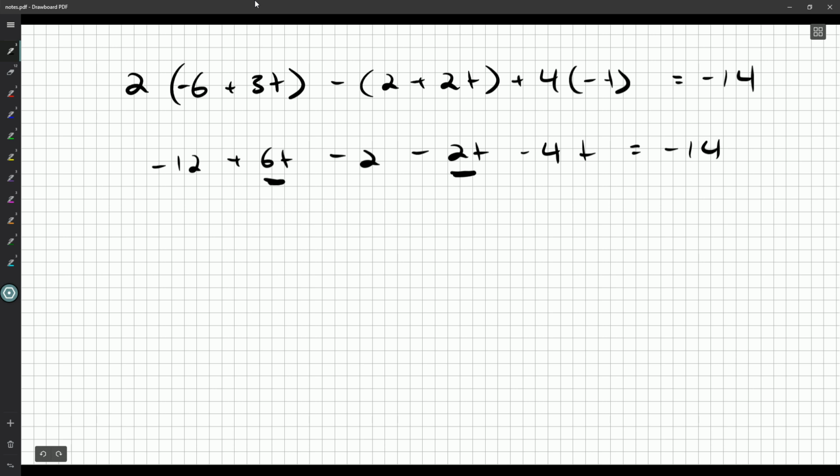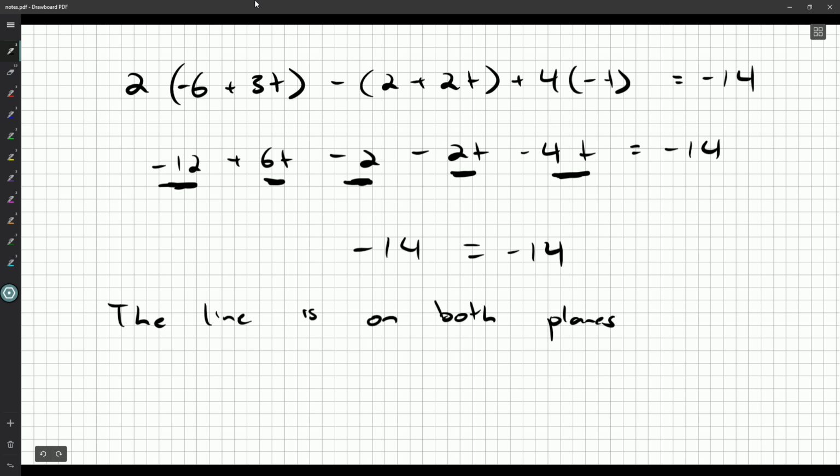6t minus 2t minus 4 more t's gets rid of all the t's. And then minus 12, subtract another 2, really is minus 14. So yes, the line is on both planes. Okay, we have verified that. So the line is on both planes.